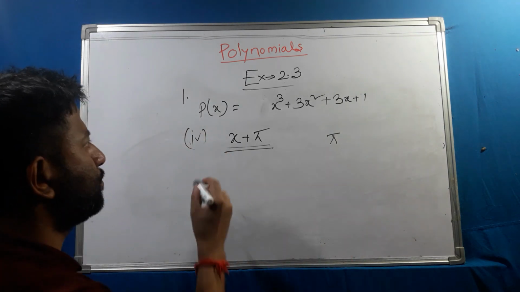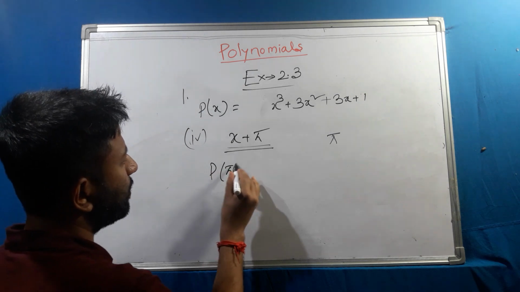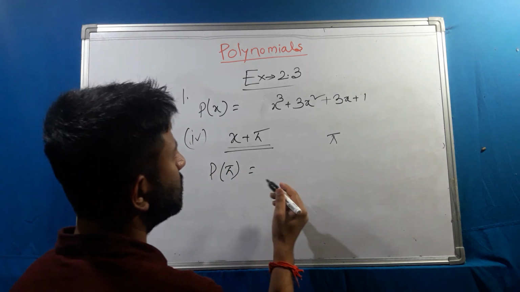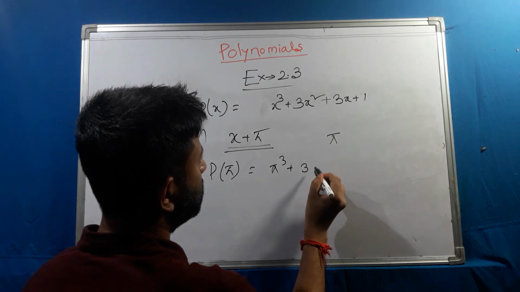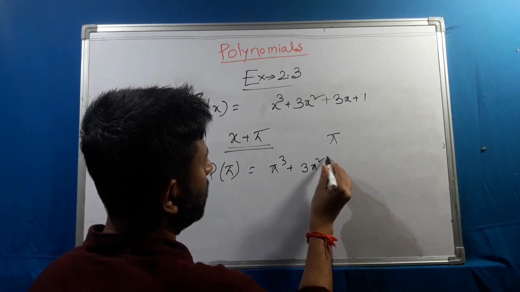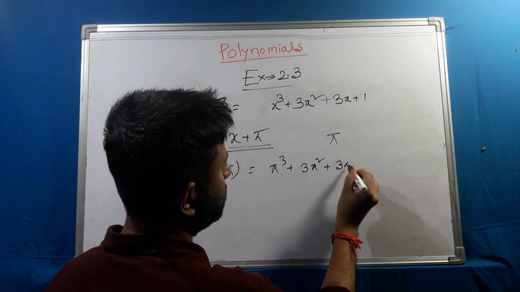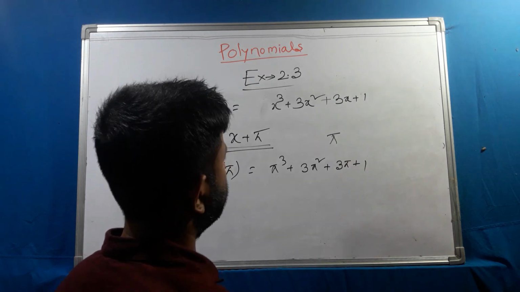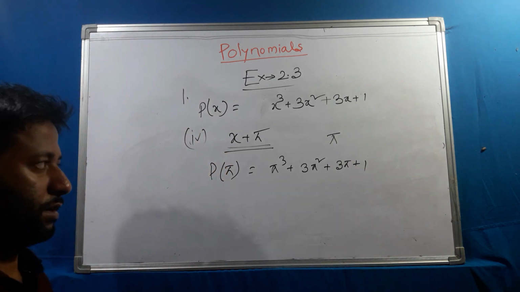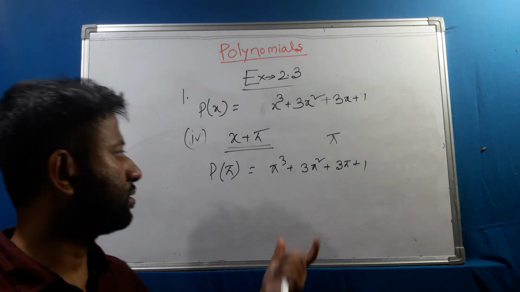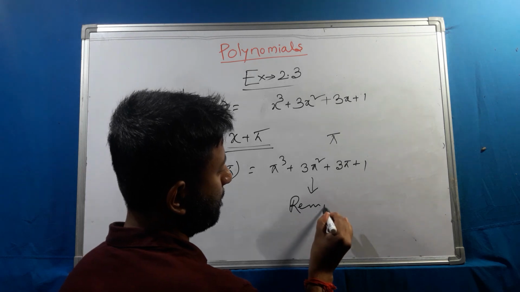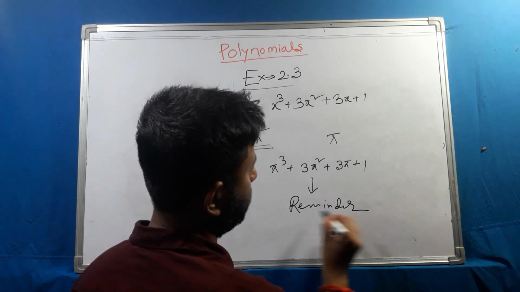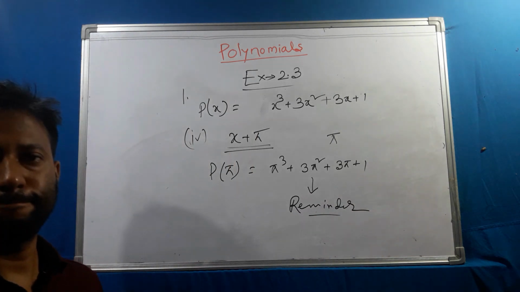Now I put this in: whatever value comes, pi cubed plus 3 into pi squared plus 3 pi plus 1. I don't do anything more with this, so this will be the remainder. Simple.